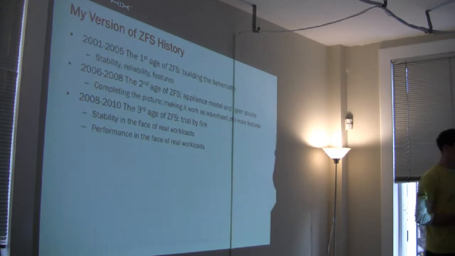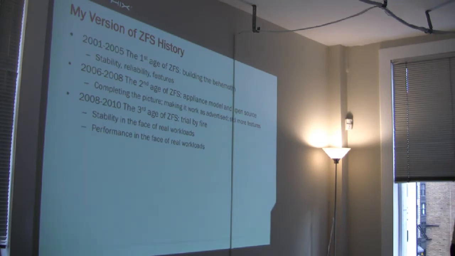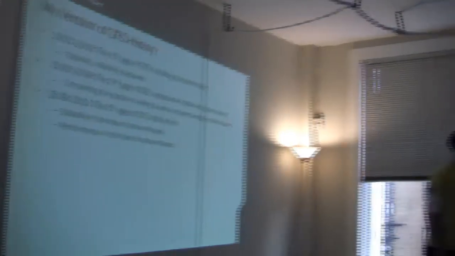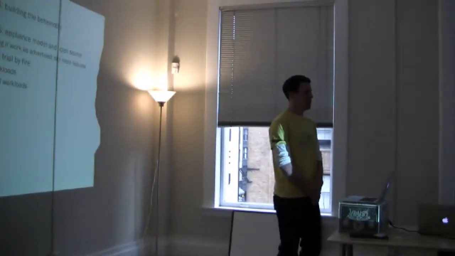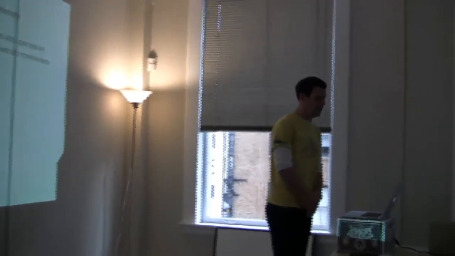ZFS started its development in 2001 and went through that development cycle until about 2005. The focus there was on stability, reliability, and features, all the top line selling points, so it was not just vaporware in Solaris 10.